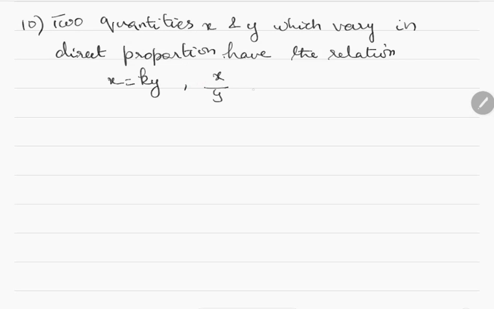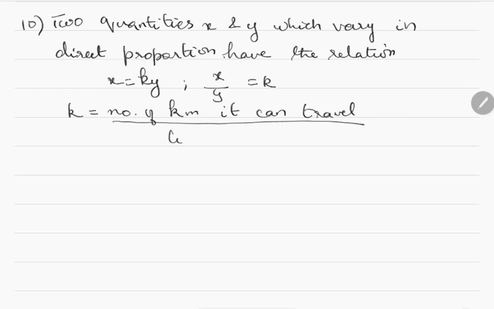So x by y can be given as k. x by y will be k. Here k will be equal to the number of kilometers that it can travel divided by the time in hours.